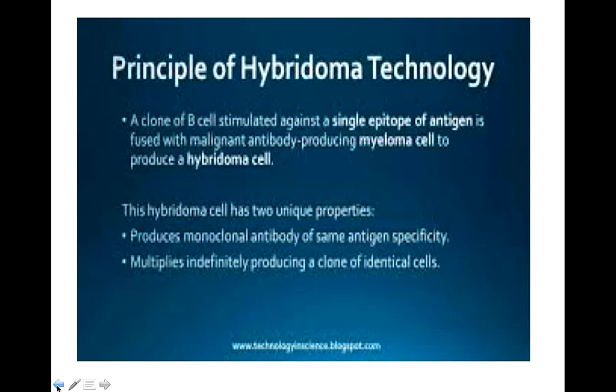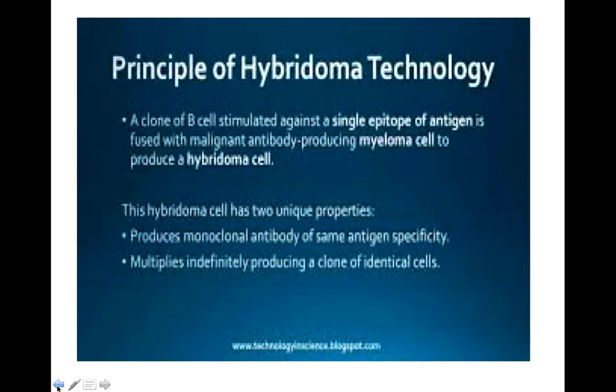The principle behind this was that a clone of B cell stimulated against a single epitope of antigen is fused with malignant antibody producing myeloma cells to produce hybridoma cells. This hybridoma cell, as I told you, has two properties associated with it. Firstly, it produces monoclonal antibody of the same antigen specificity.